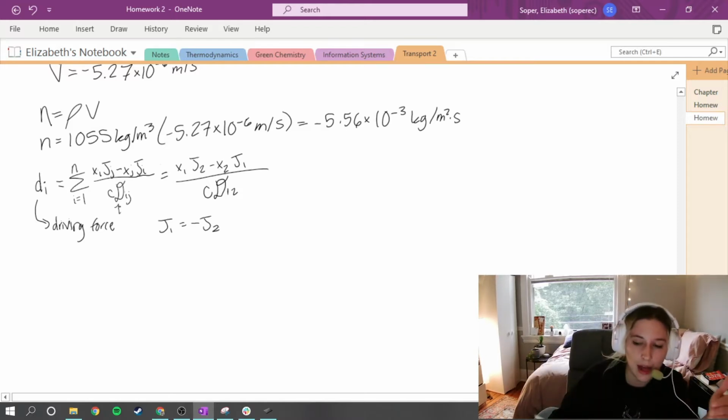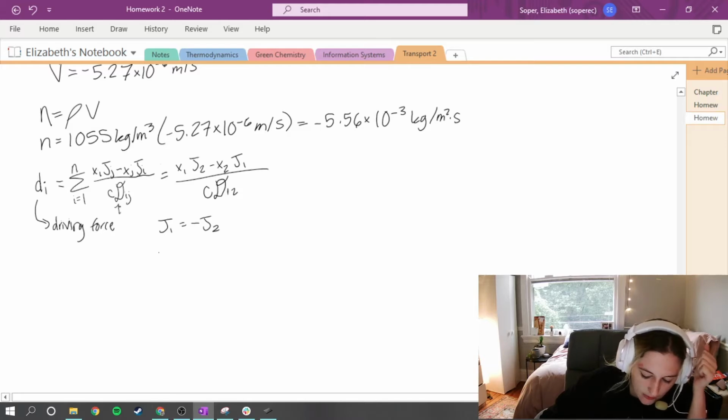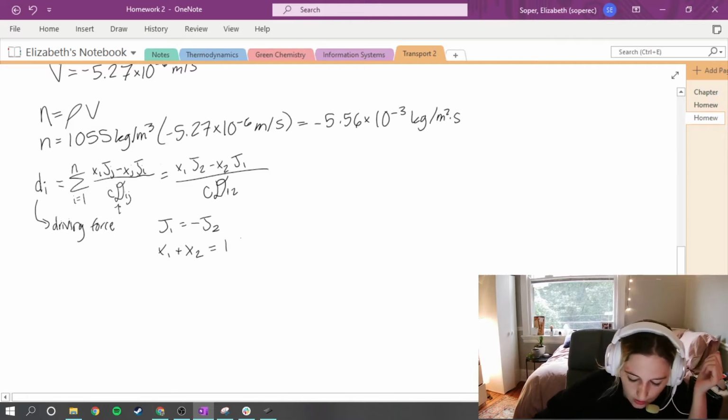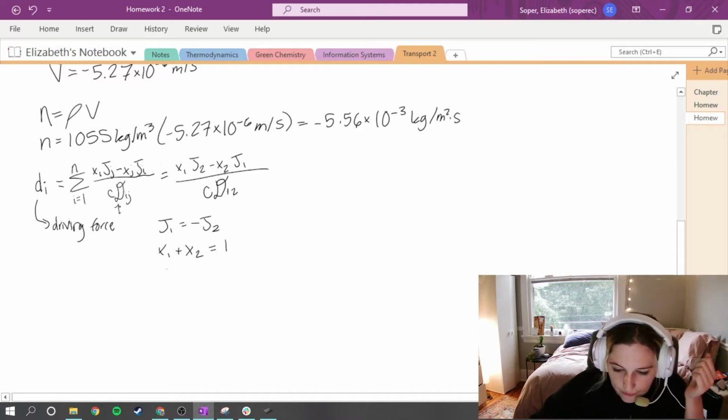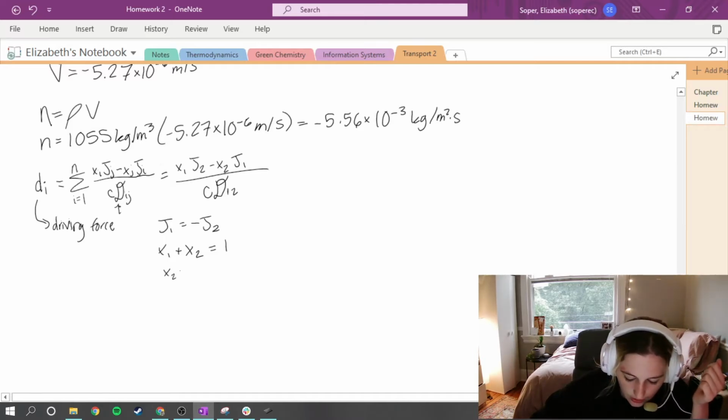So we know that, and then another thing that seems obvious but we often forget is that the molar fractions are going to add up to equal 1. So we can also write this as x2 equaling 1 minus x1.